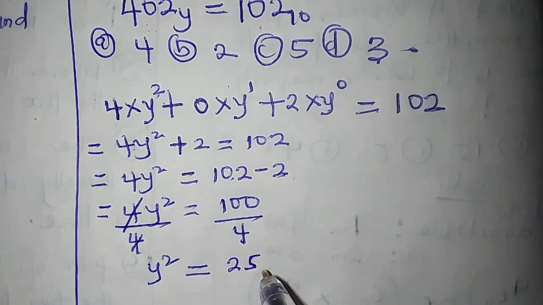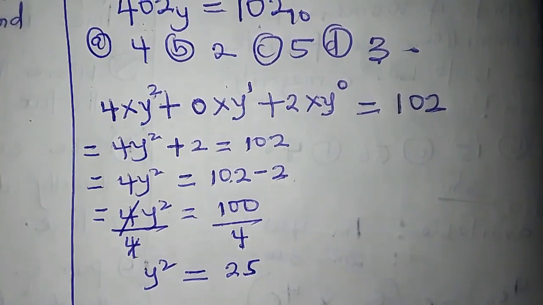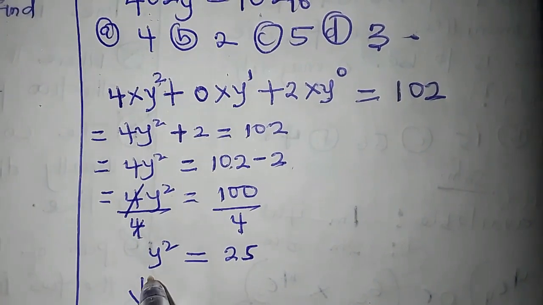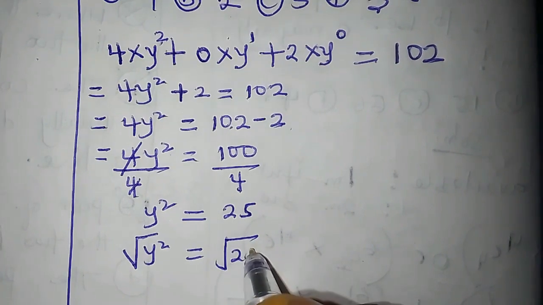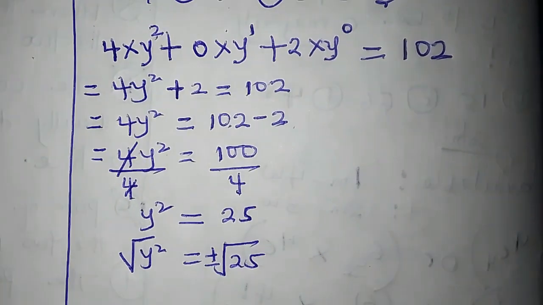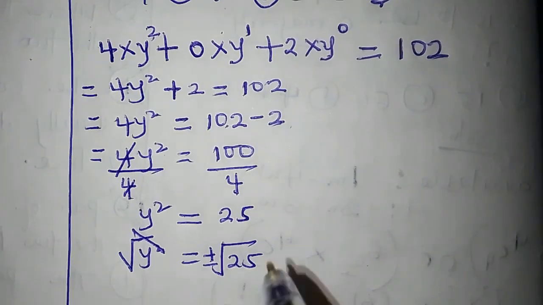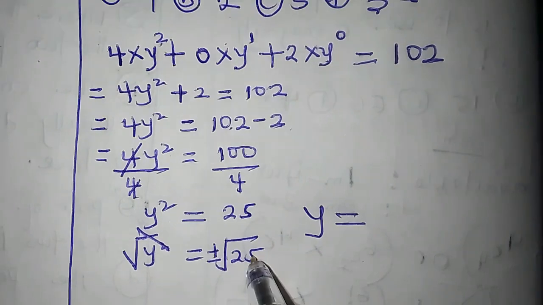So what I will do now is to take the square root of both sides to eliminate the square from the y. So the square root of y squared is equal to the square root of 25. And square root is always plus or minus. So y is now equal to the square root of 25, which is 5.